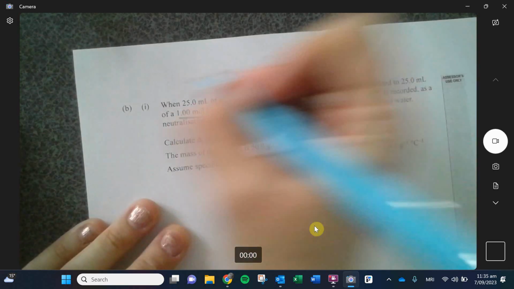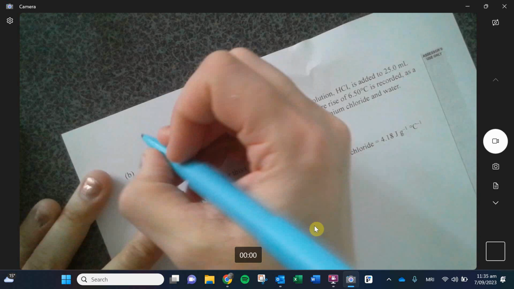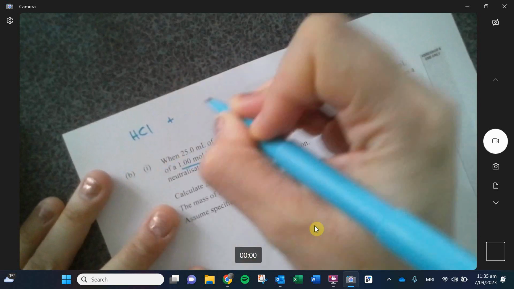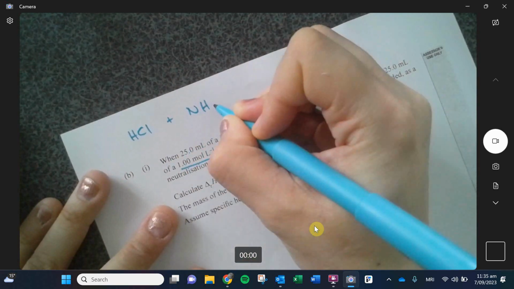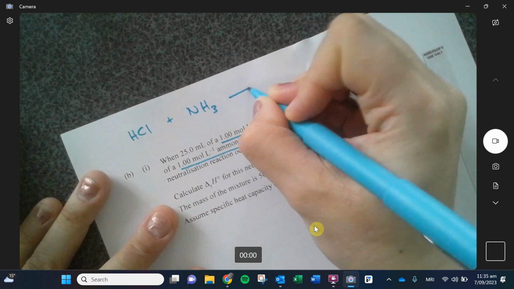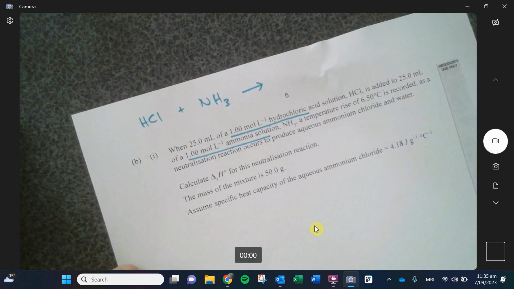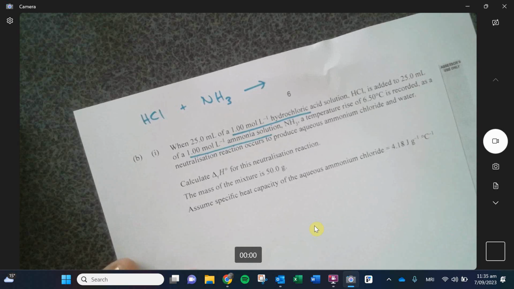The equation for this, just so you guys are aware, is HCl plus NH3, and those two will neutralize to produce ammonium chloride and water. What does this equation look like?